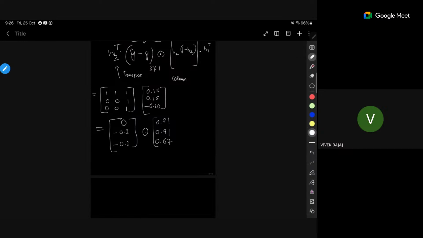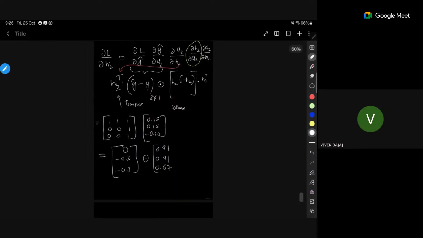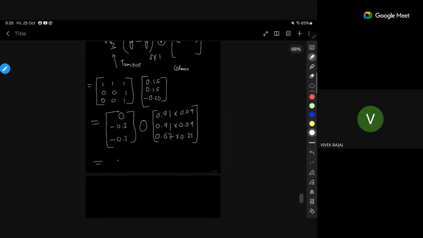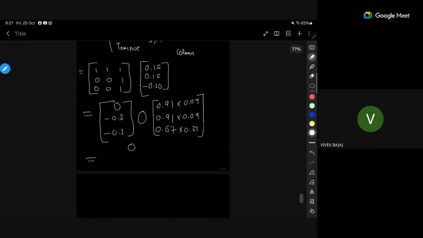Then I'll subtract from 1: 1 minus H2, and multiply. 0.09, 0.09, 0.33. Here I have to do element-wise, right? So I'll have 0. Then, what is this?